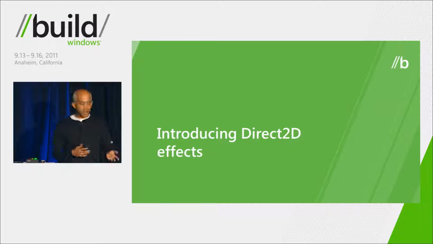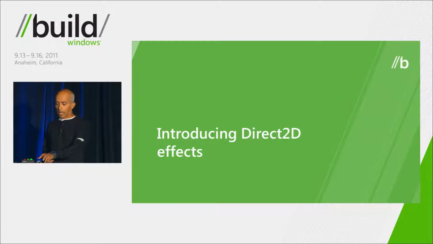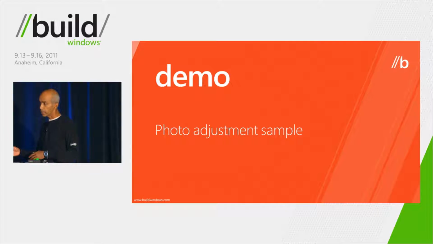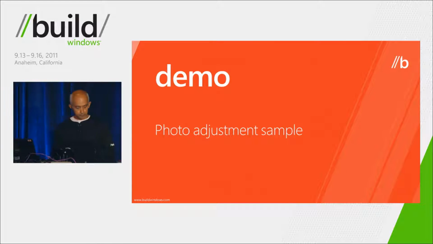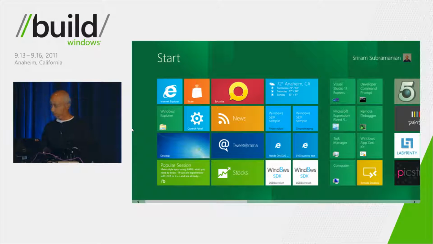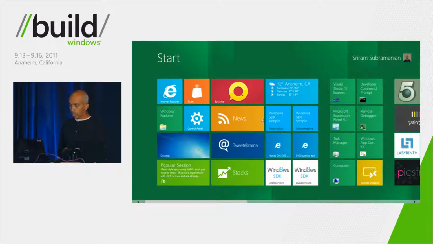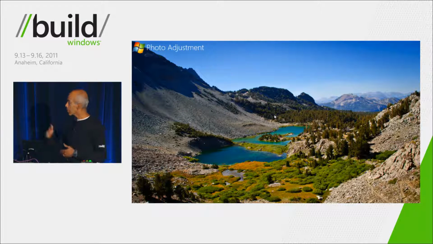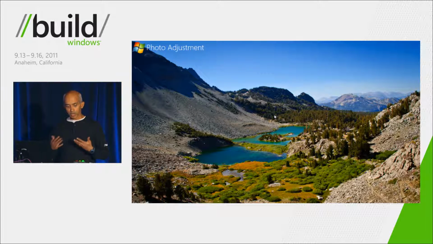Let's move to the first item on the agenda. What is Direct2D effects? I have a demo to introduce you to the type of things that you can do with Direct2D effects. So let me move to the demo machine. So here I have a simple photo adjustment application that is built using Direct2D.